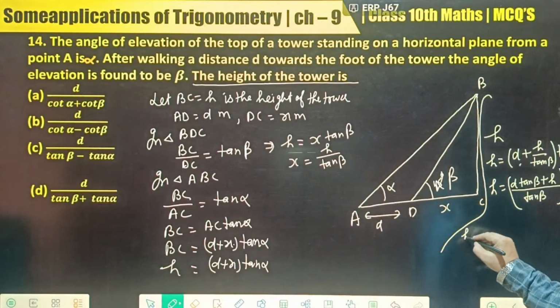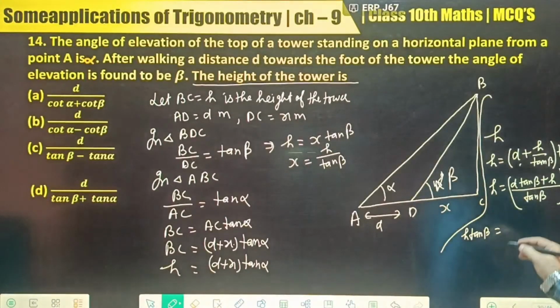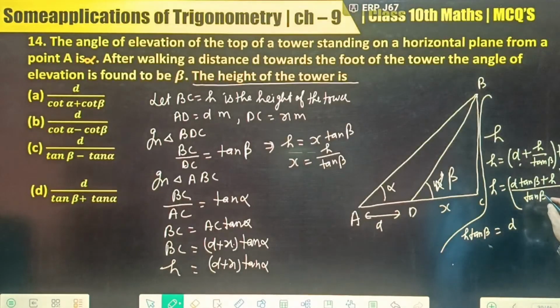So transfer this. H tangent beta equals D tangent alpha, D tangent beta plus H into tangent alpha. Transfer this to that side as well: H tan alpha, H tan beta.